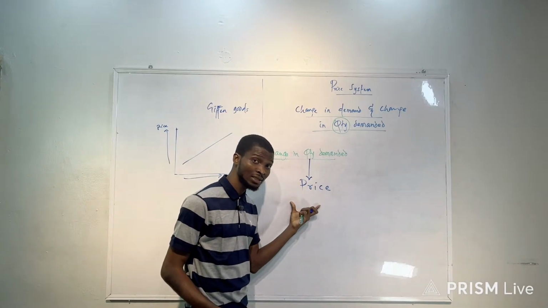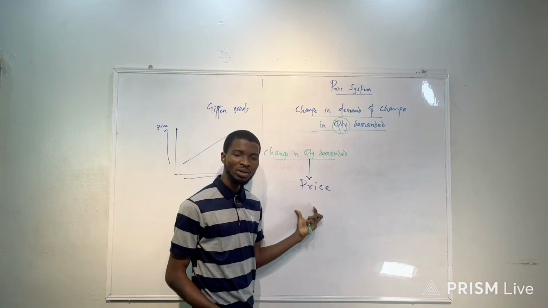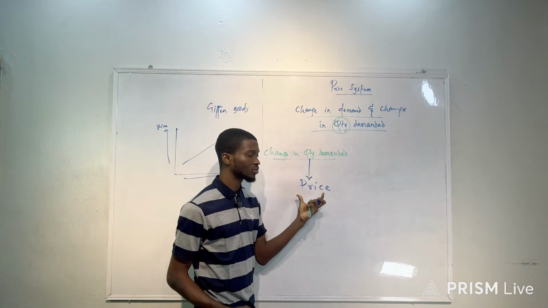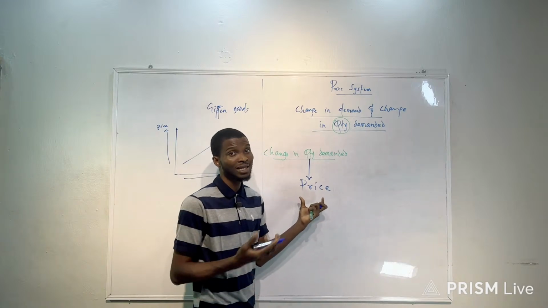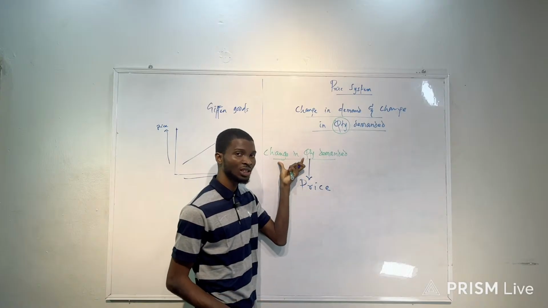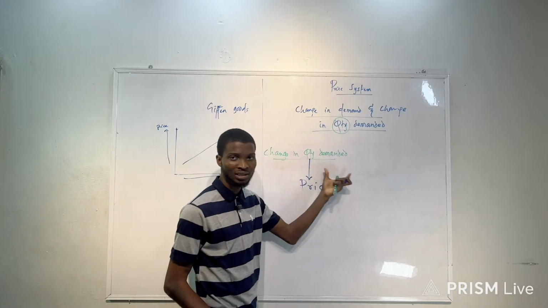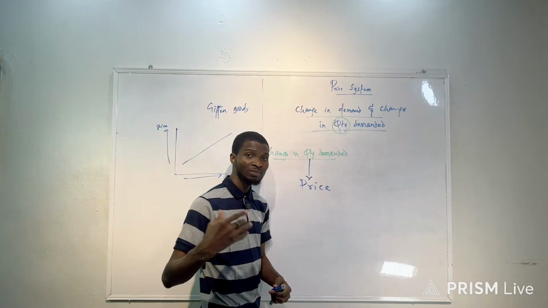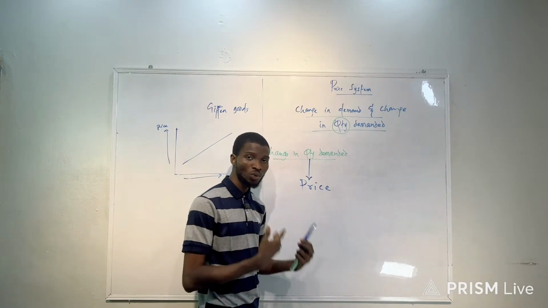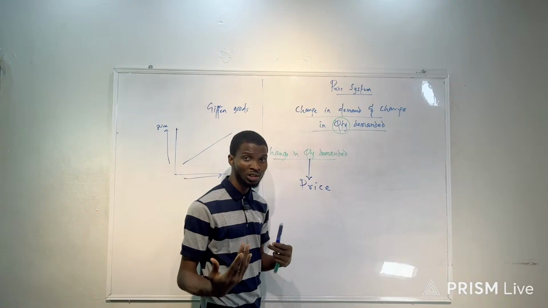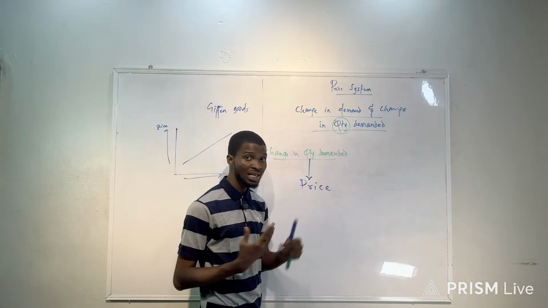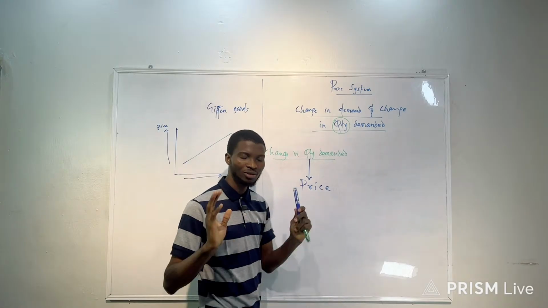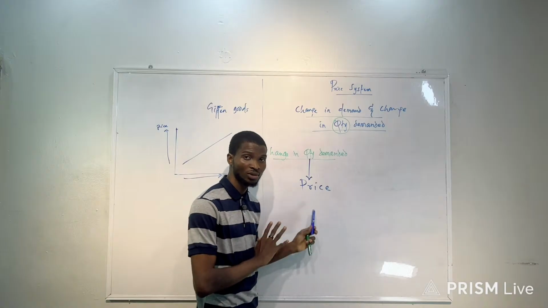Price is the only factor affecting what? Change in quantity demanded. I don't want you to cram it. That is the reason why I'm taking my time to explain it. What can make your quantity to change? Price. In any way you want to think about it, it is only price that can make your quantity to change.